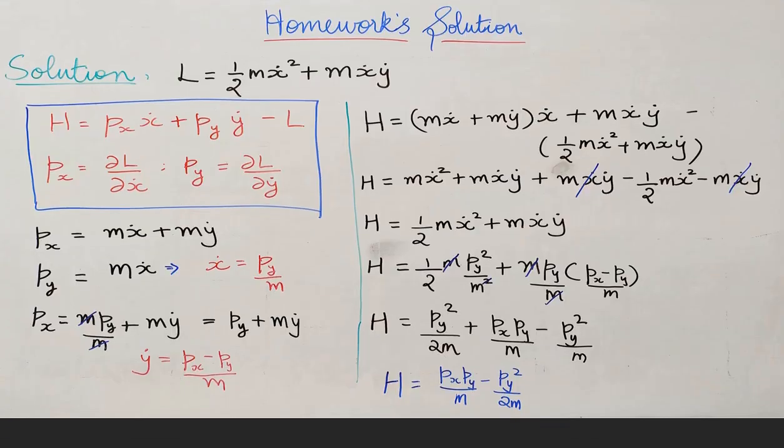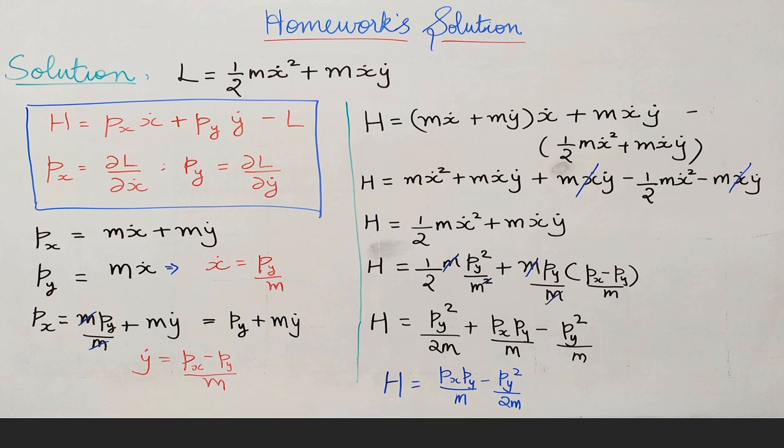So my Hamiltonian will be px x dot plus py y dot minus L. I hope you understand this formula. I write the corresponding momenta and find px and py. From them I get x dot and y dot.